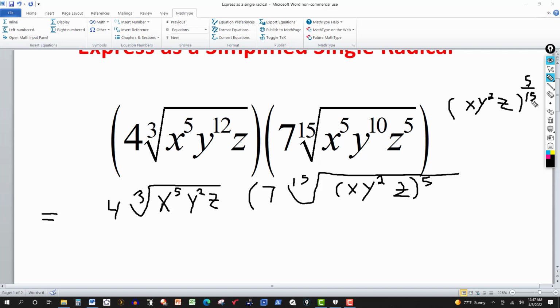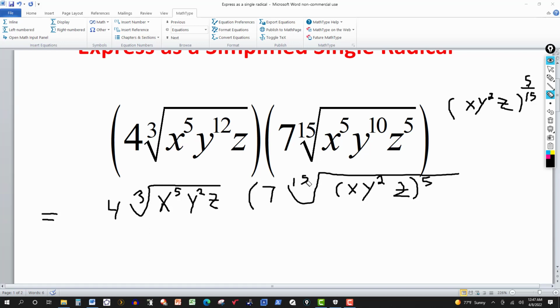That would be the exponent. But you can reduce this. 5 over 15 reduces to 1/3. So that would write this as x y squared z to the 1/3 power, which would be the same thing as the cube root.